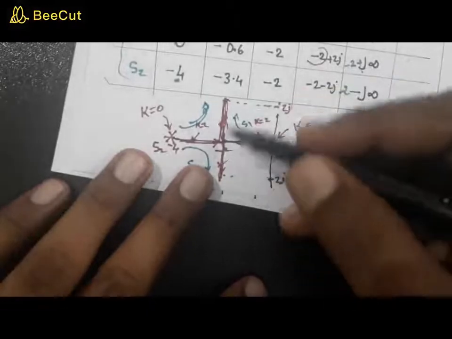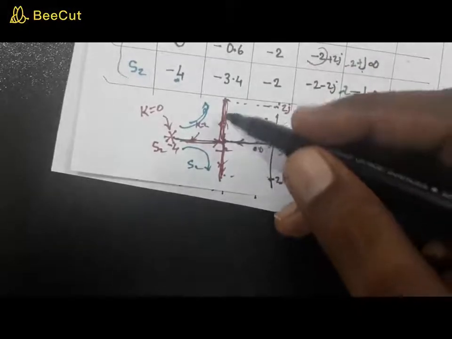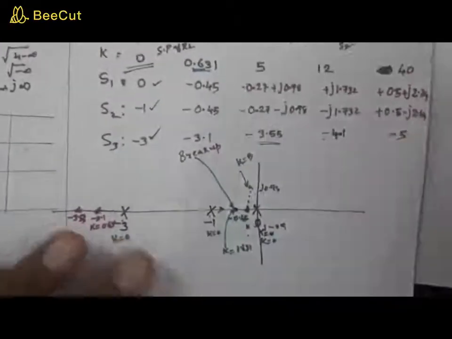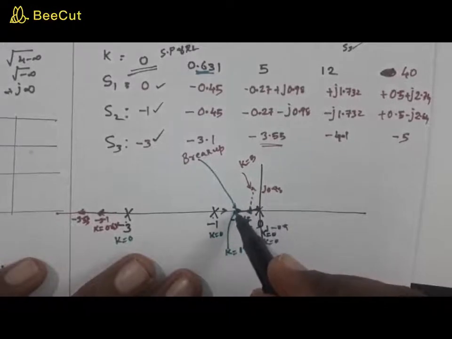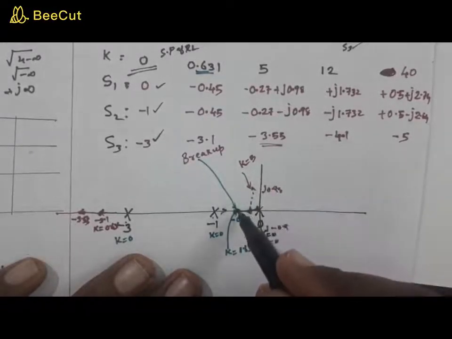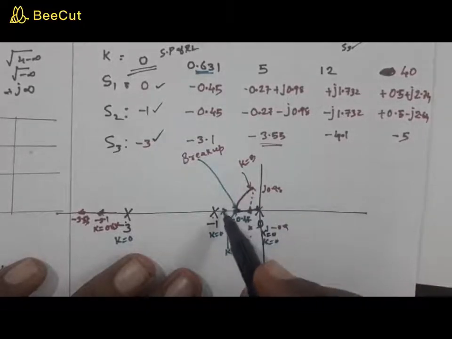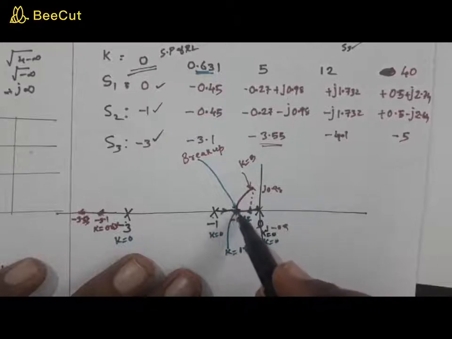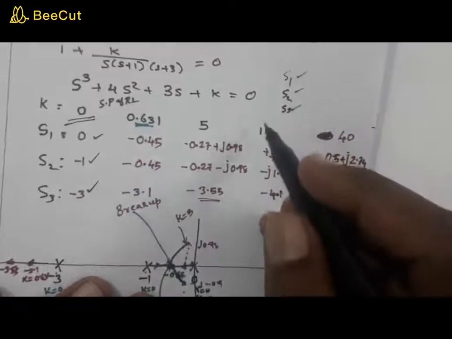In the previous example I showed it breaking perpendicularly, moving straight, but this value suggests that at k is equal to 5 the root that comes from here actually moves here. So we need to draw in this fashion. Similarly, the root that comes over here breaks in this way. Now what if I increase the value to 12?